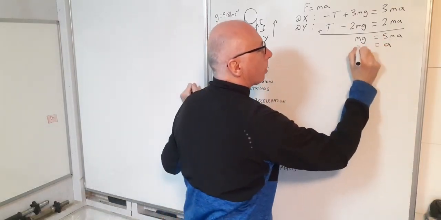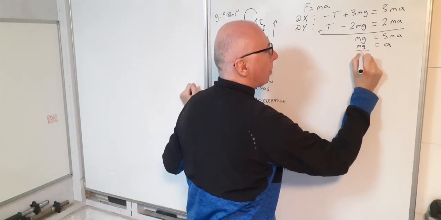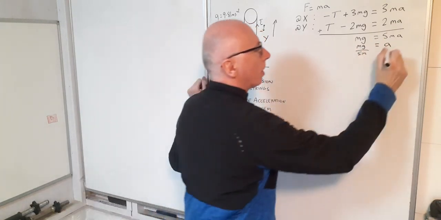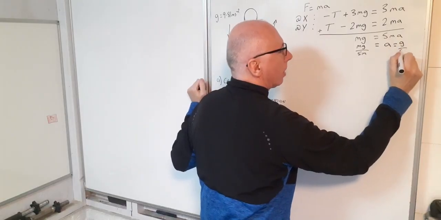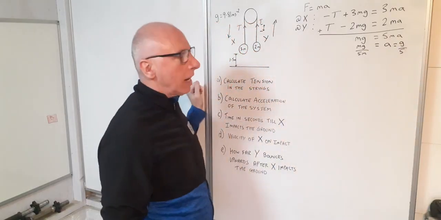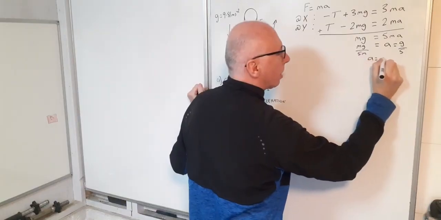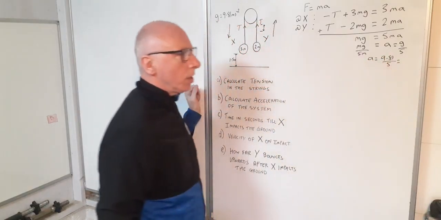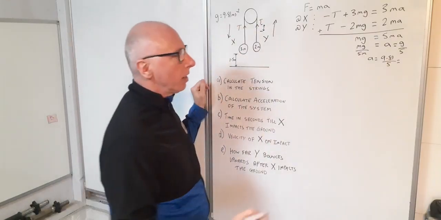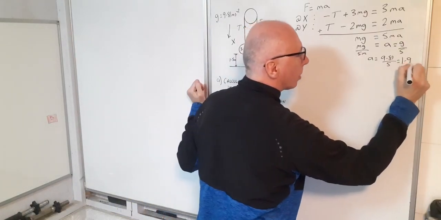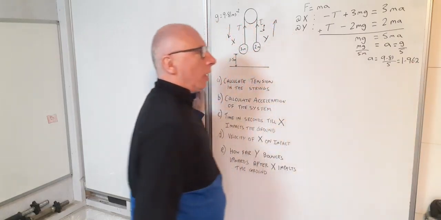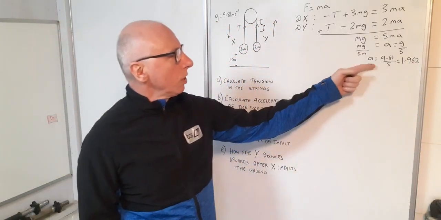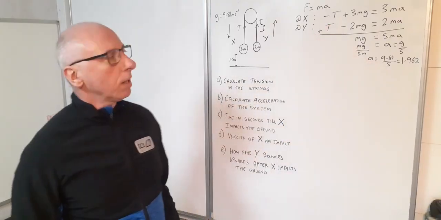So a equals mg over 5m, which is just g over 5. Now g over 5 simplifies down to 9.81 over 5, which if you put that in your calculator, you get 1.962. So that's our acceleration.